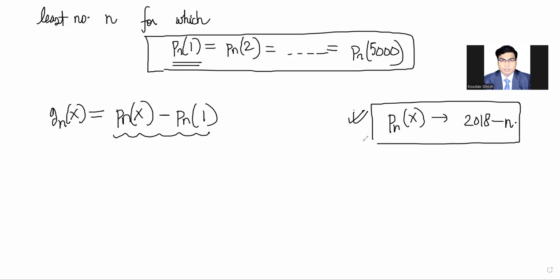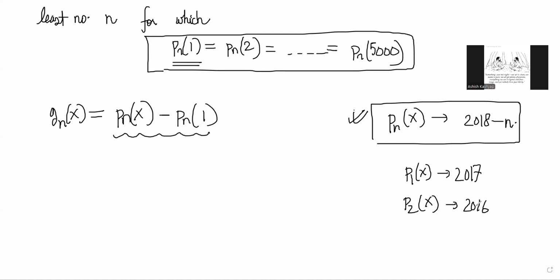Based on the recursive sequence or results that are given, you can conclude that P1 of x has degree 2017, P2 of x has degree 2016, and so on. And Pn of x will have degree 2018 minus n, right? Great. So now you can see that the degree of this polynomial is less than 2018, but the polynomial's values are equal to each other how many times? 5000. 5000 different values are equal, right?